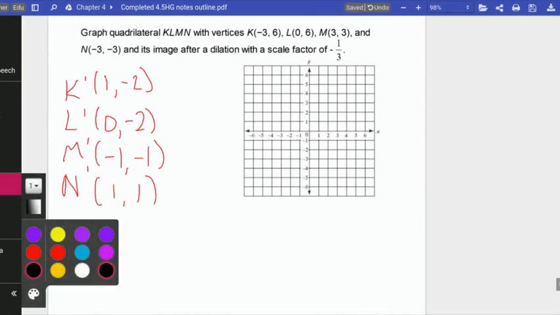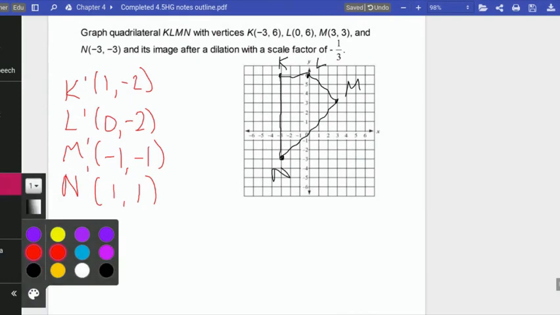So if I graph the original, it's (-3, 6), (0, 6), (3, 3), and (-3, -3). So here is my original.